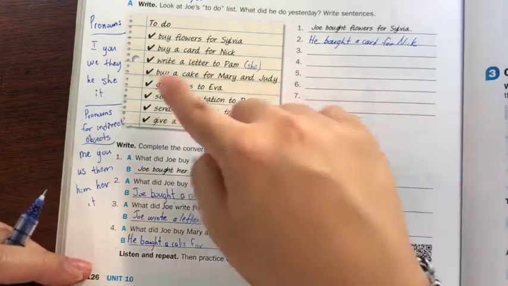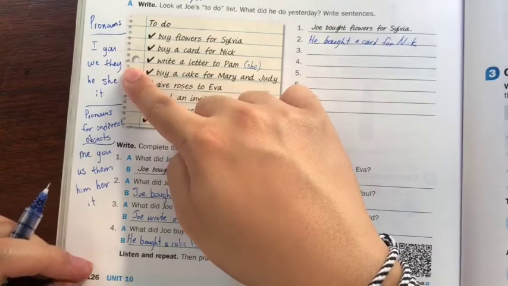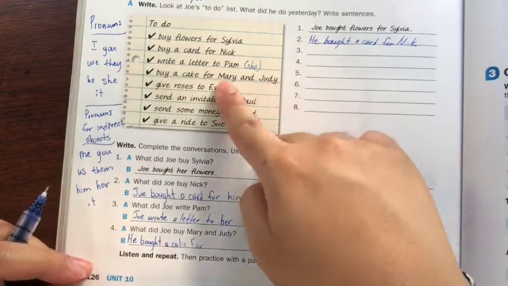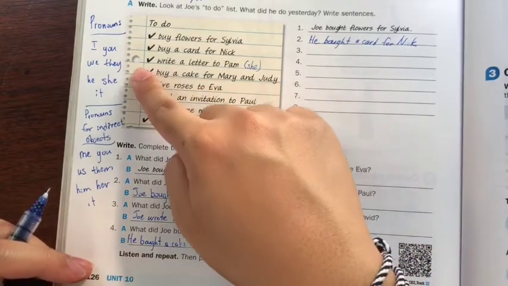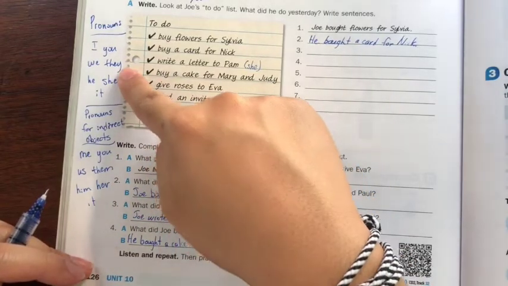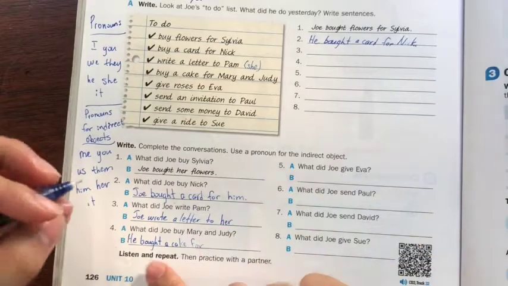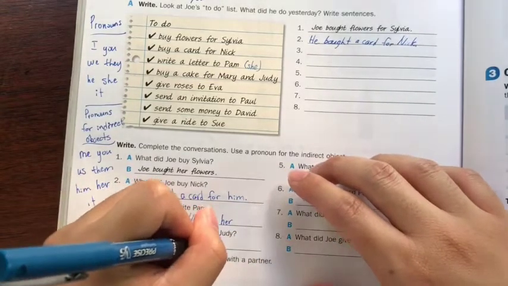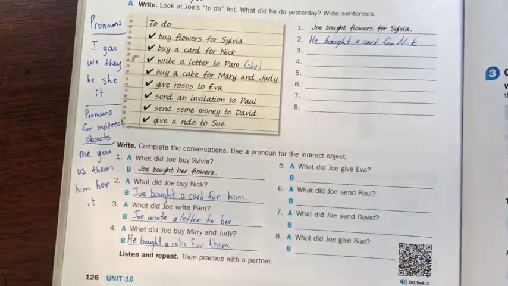So this is 2 people, so we use they. But because Mary and Judy are the indirect objects, we need to use the pronouns for indirect objects. We change they to them. So he bought a cake for them.